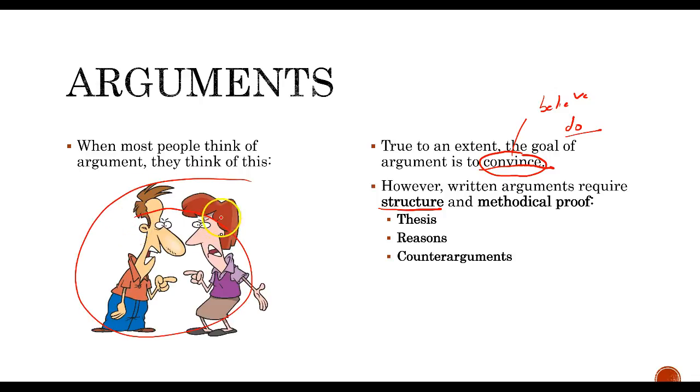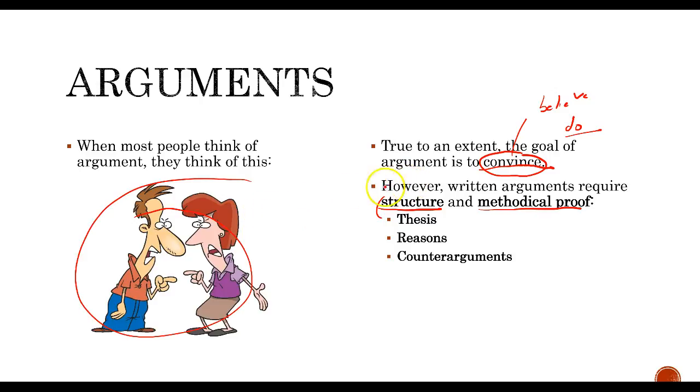They're just going to be angry and resentful towards one another. But when we're doing a written argument, we want to make sure that we have a lot more structure and a much more methodical approach. If you're just yelling at somebody or telling somebody to do something without much proof or support and in an angry kind of way, there's a good chance it's never going to work.